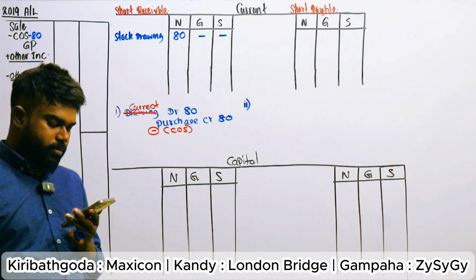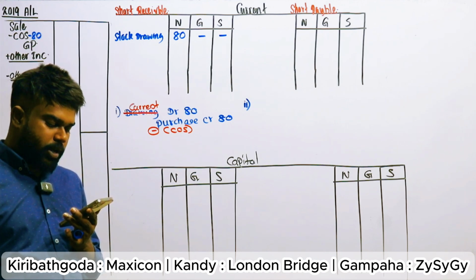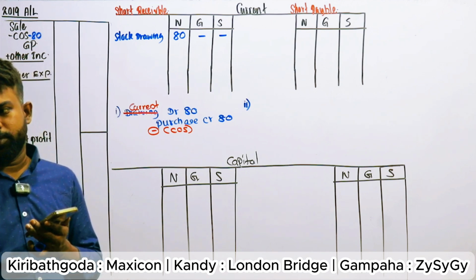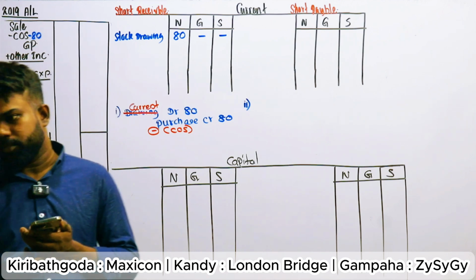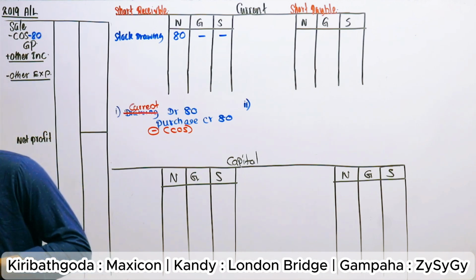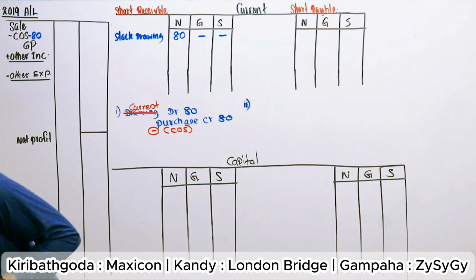However, all these goods have been sold during the period and recorded in sales account. Therefore, how to record this one now?